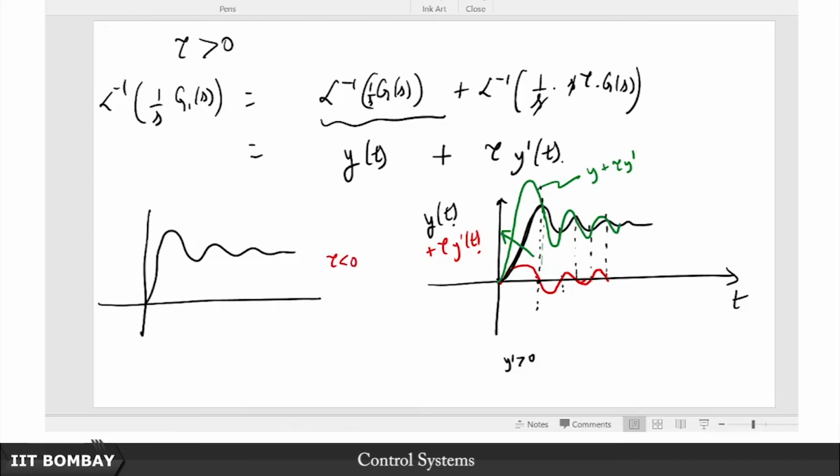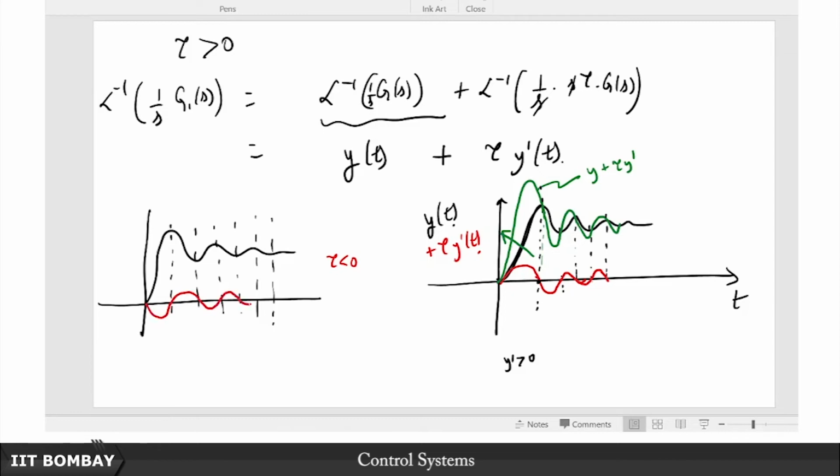If I split it up between the peaks and the troughs, you see that between the 0th instant, that is t equal to 0, and the peak time, you will have a negative value of this term. Why? Because tau itself is negative.